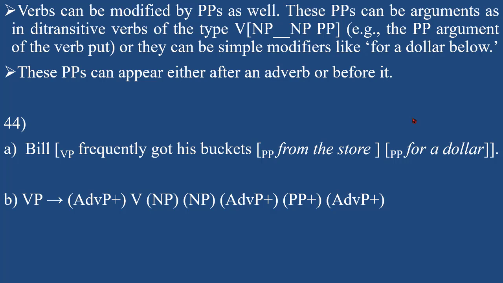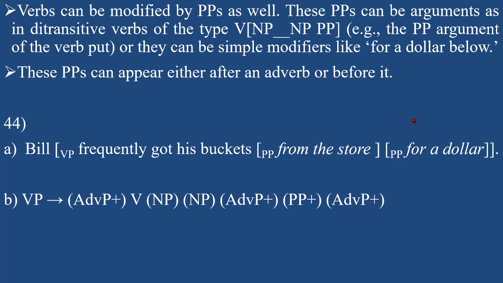So to revise our rule again and come up with the final rule, we just add possible phrases that we can add in a sentence to form a VP. Maximally, the VP should be like this.